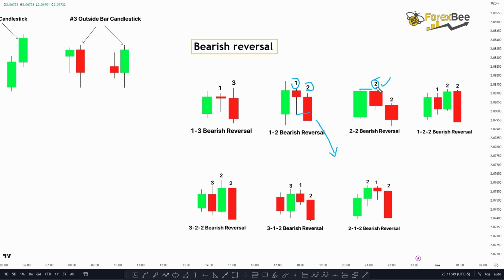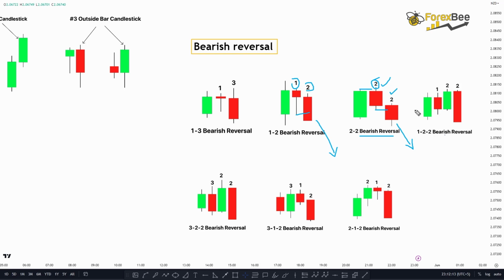As you can see, the high of this previous candle is being broken by this next candle. So this is 2, and again we can see the formation of this 2 candle, which breaks the low of this middle candle. So this type of strat pattern tells us about the 2-2 bearish reversal, which says the market will move in the bearish direction.